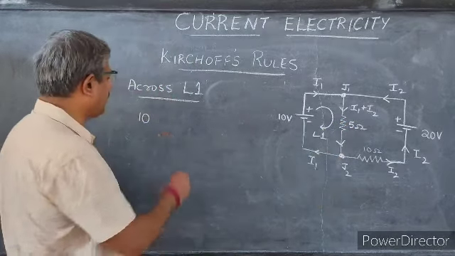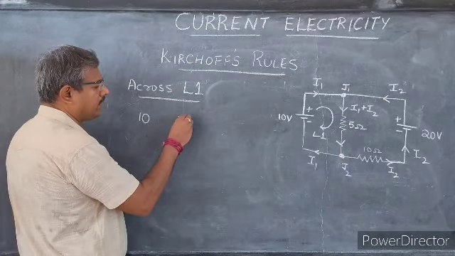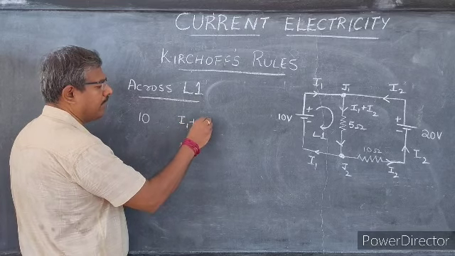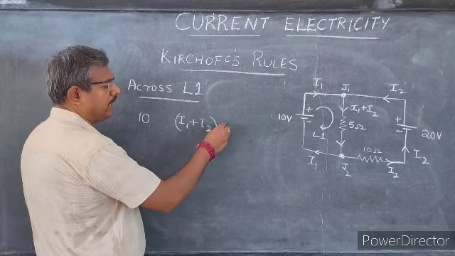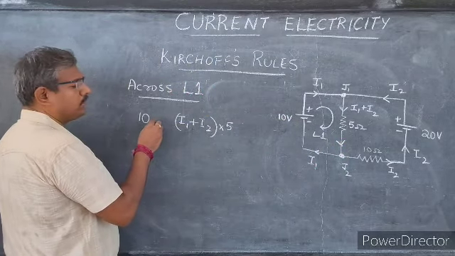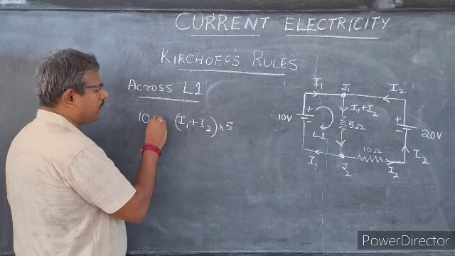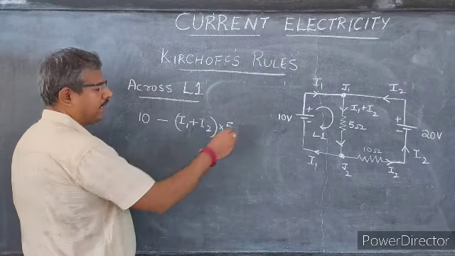So what is the current here? It is I1 plus I2, and we get the voltage by multiplying it with the resistance value. Since the algebraic sum should be 0, we apply a negative sign and this should be equal to 0. That's exactly what the loop law states.